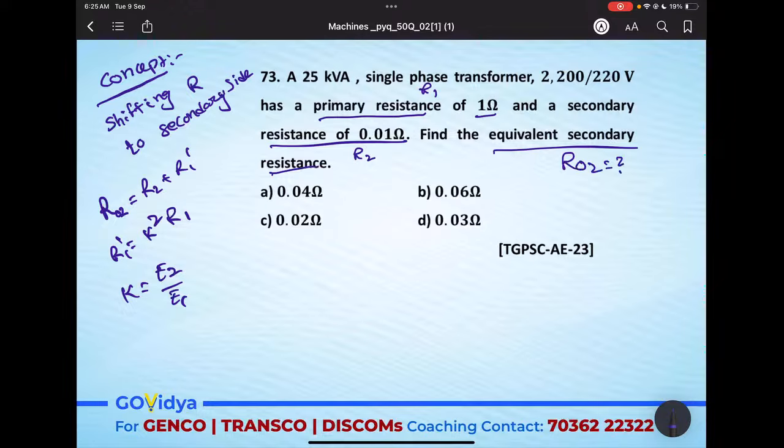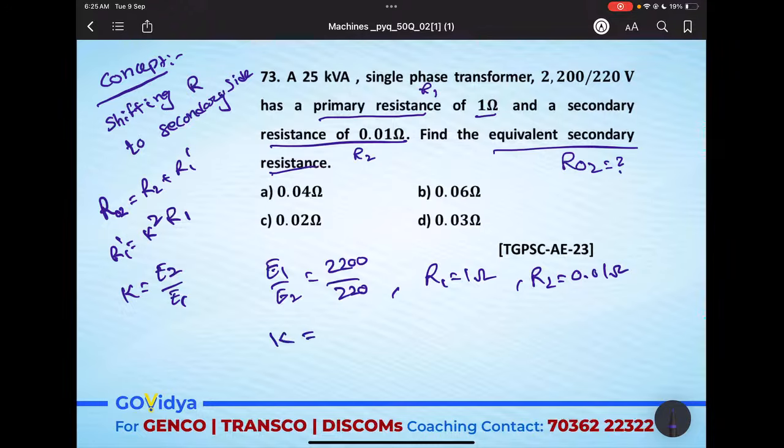Okay, let's note down the given data. E1 by E2 is given as 2200 by 220, and primary resistance R1 is given as 1 ohm, secondary resistance R2 is given as 0.01 ohm. We need to calculate K transformation ratio.